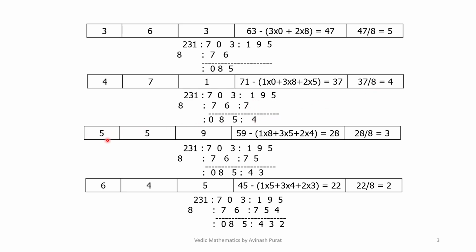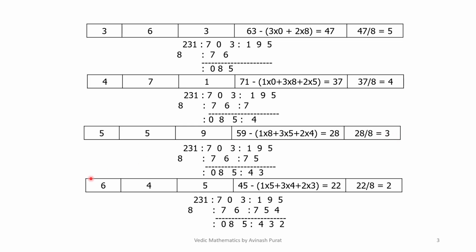Now fifth step, 5 is the remainder, 9 is dividend, 59 minus 1 into 8 plus 3 into 5 plus 2 into 4 equal to 28 is dividend. 28 divided by 8 equal to 3 is the quotient.